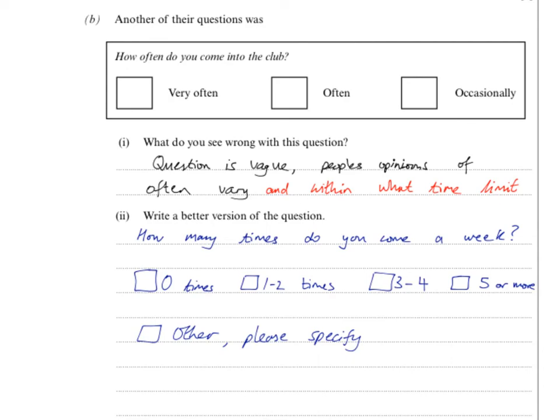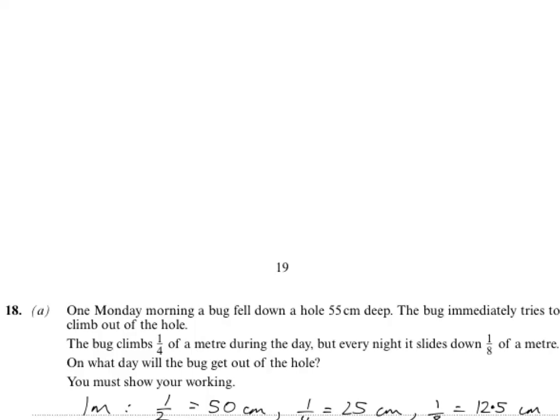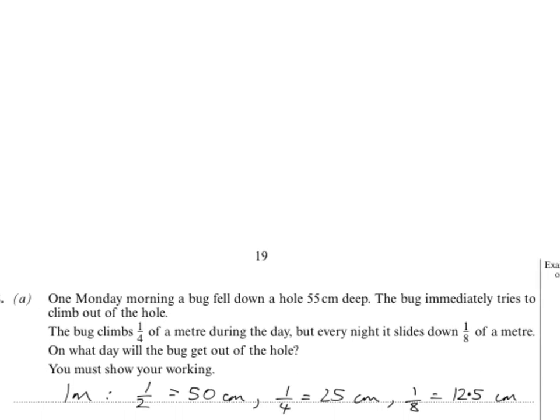Okay, what I've done first of all is to look at how deep the hole is. So it's 55 centimeters. Then it says the bug climbs 1/4 of a meter during the day and 1/8 of a meter during the night.